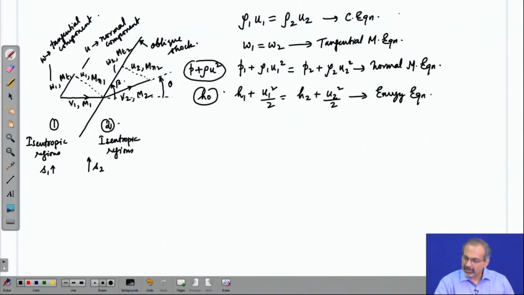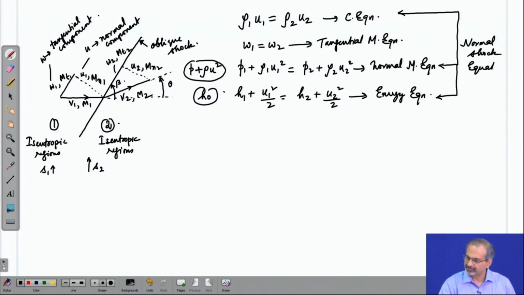So, if you look at the continuity equation, the normal component of momentum equation and the energy equation, these equations look identical to the normal shock equations, which means that if we deal with only the normal component of velocity for the oblique shock, then we might as well treat it as a normal shock.